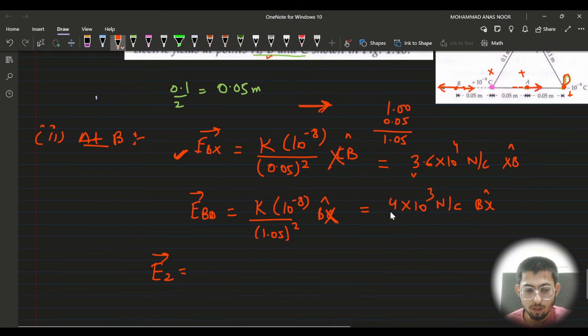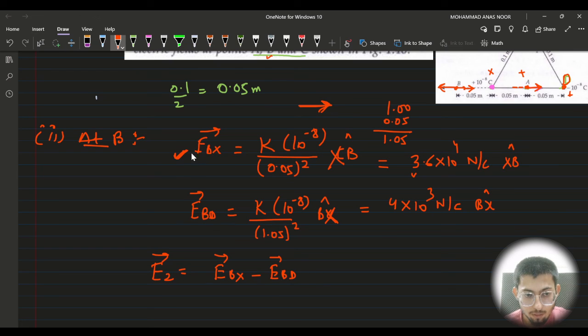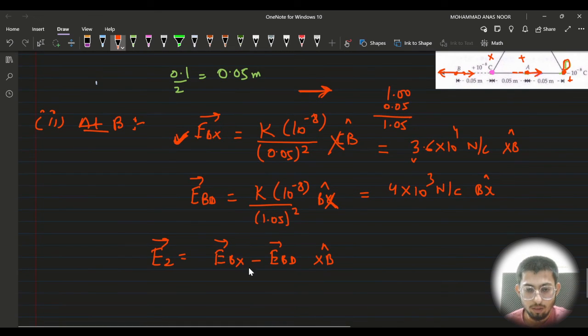So now what we can do is we can write E2 is equal to EBX minus EBD, and it would be in the direction which is bigger one. So X. Do you remember this? We studied this in vectors. Now if you solve it, what you would get?